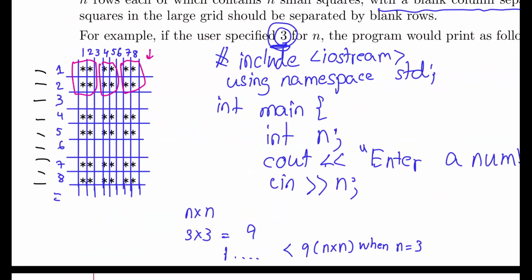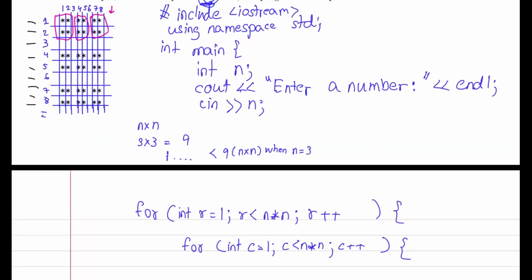So yes, I use n times n to get 9. But it is less than 9, meaning 9 is not included. It will go from 1 to 8. Because we want to put the space just between the small squares, not outside the square. So we are done at the number 8 column.